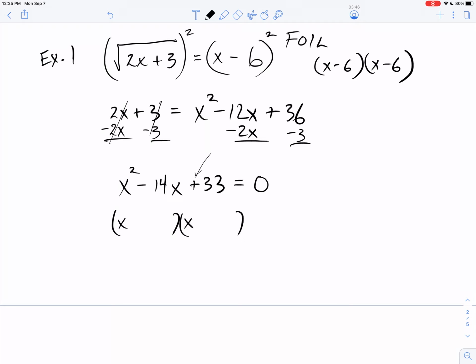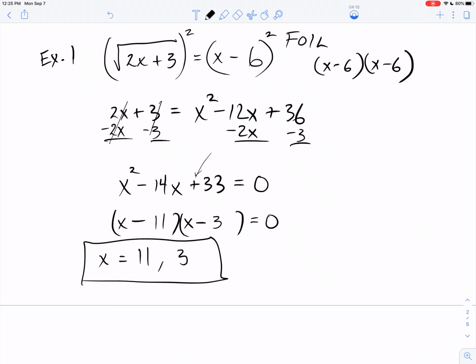So it's either positive times a positive to get 33, or it's a negative times a negative. It's got to be negative to make it a minus 14x. And lo and behold, there's your guy. That's the one to get this thing to work out. My answer here is 11. My answer here is 3. So I would technically have 2 answers for this.